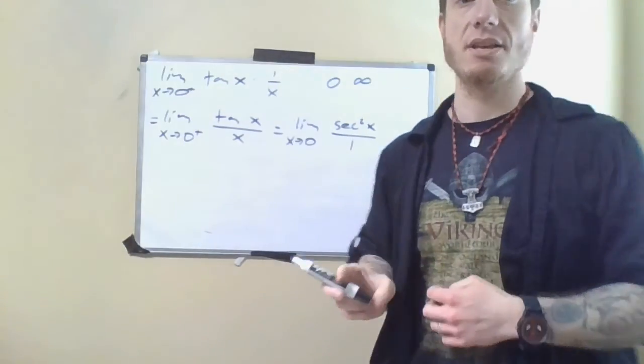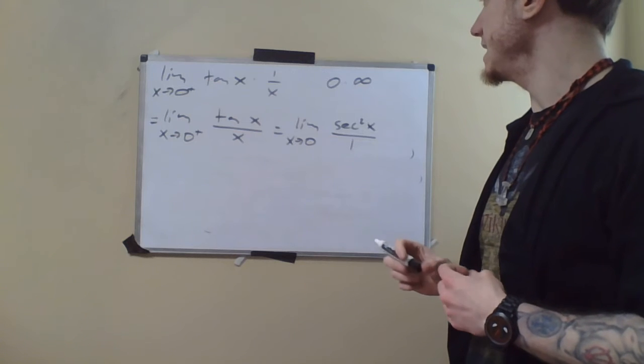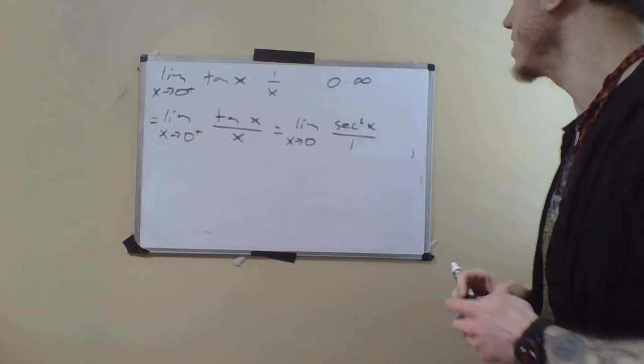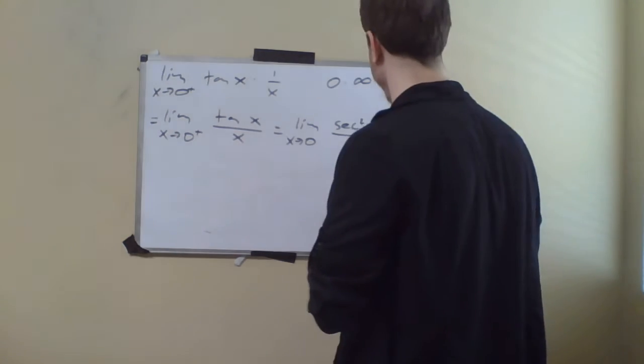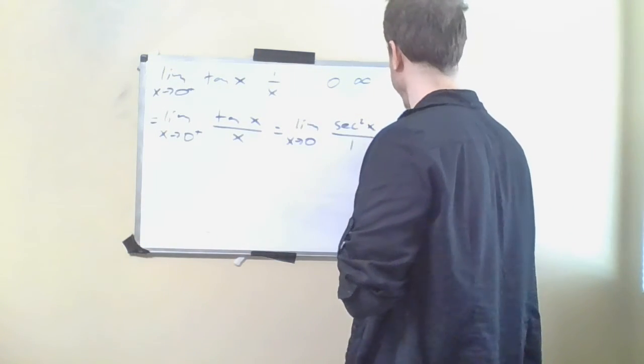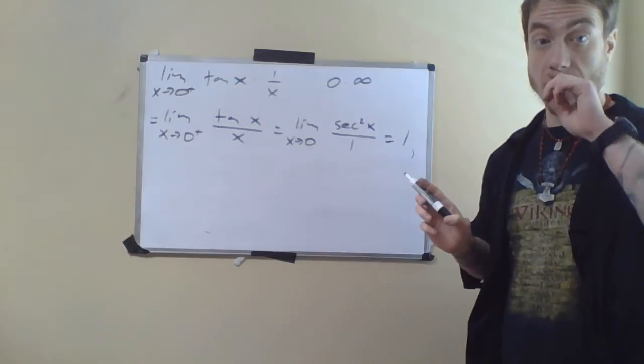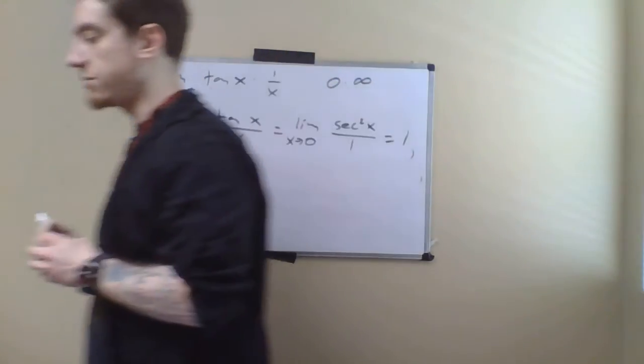Now, secant is, of course, 1 over cosine, and therefore this is going to become 1 squared over 1, which is going to be equal to 1. So there we go. We've been able to figure this out.